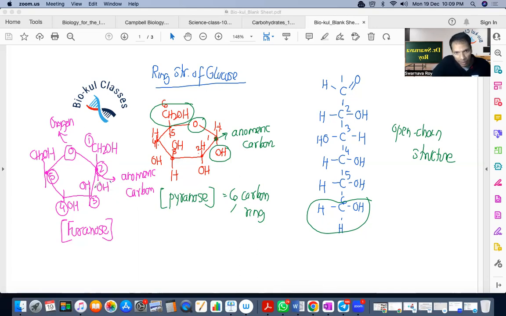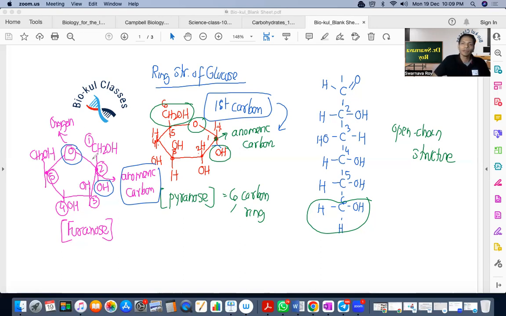So we'll come to know the significance of the anomeric carbon. For the time being, just know anomeric carbons are the carbons bonded to the oxygen and the OH, right? So in case of glucose, the first carbon is called the anomeric carbon. And in case of fructose, the second carbon is called the anomeric carbon, which is connected to the O and the OH.